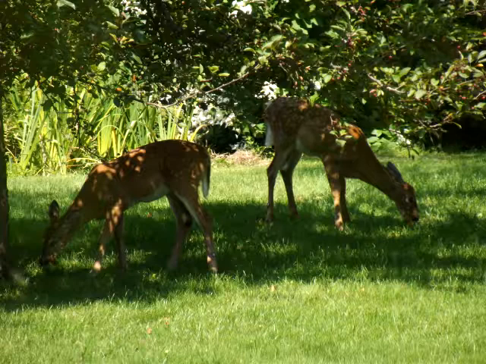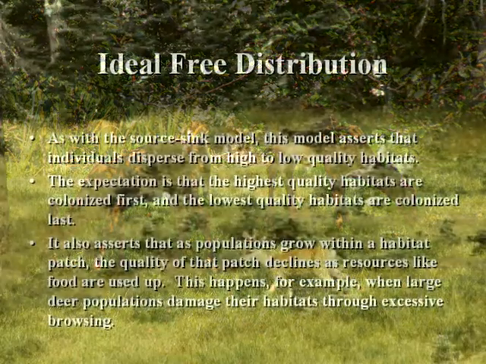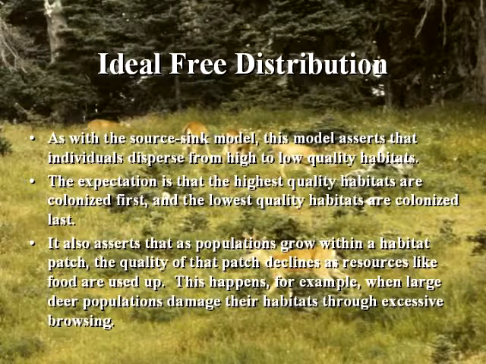So if you have a lot of deer browsing on a lot of shrubs, they are going to change the character of the habitat. They're going to kill some of the shrubs. They're going to prune back low branches of trees. They're going to make it a different environment by their feeding activity. This kind of phenomenon is referred to as the ideal free distribution model of population dispersal.